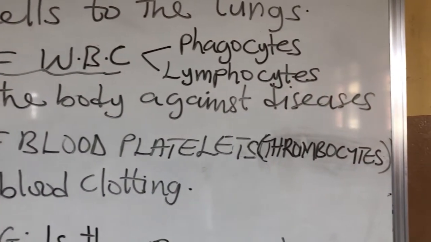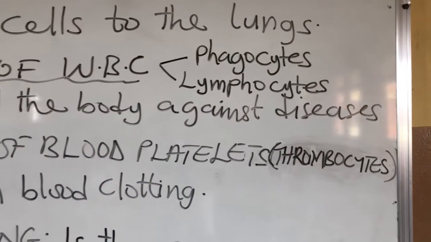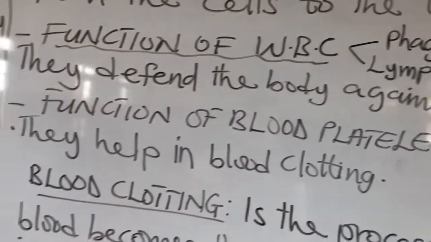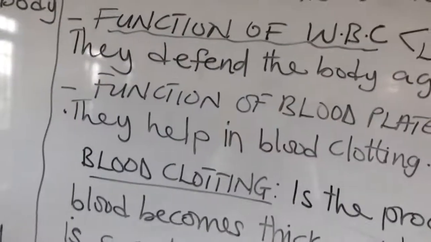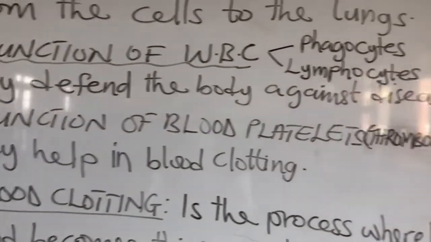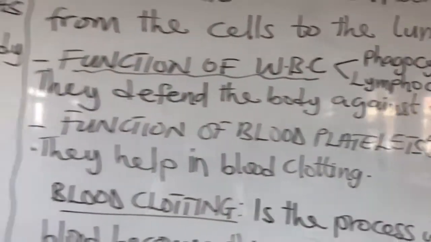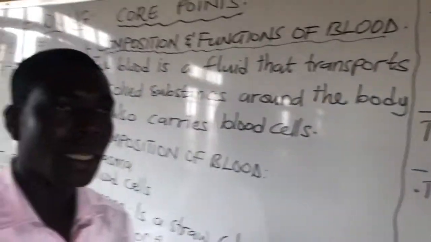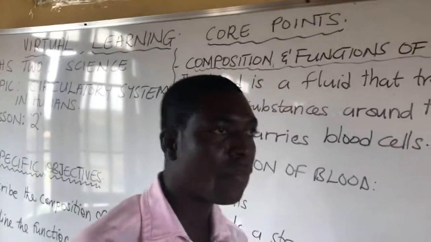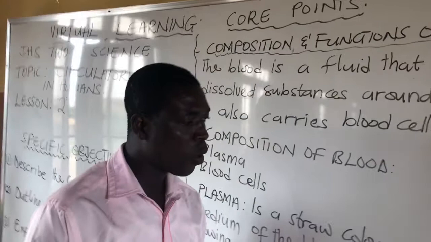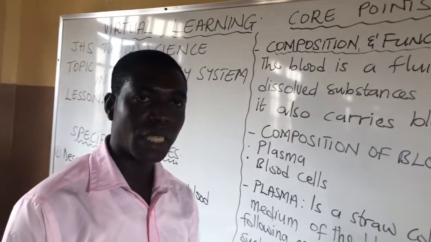Blood clotting is a process whereby blood becomes thick and hard when there is a cut. Whenever you get a cut, you see blood flows out. And you know, when blood clotting occurs, it prevents excessive bleeding or flow of blood from the body.